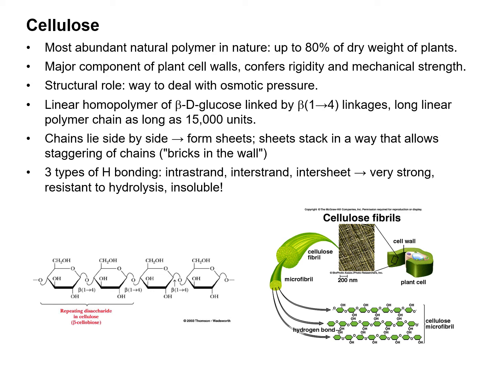And there are 3 types of hydrogen bonding involved in the cellulose structure: intrastrand, interstrand, as well as intersheet, which make it very strong and resistant, especially to hydrolysis. It is insoluble too.